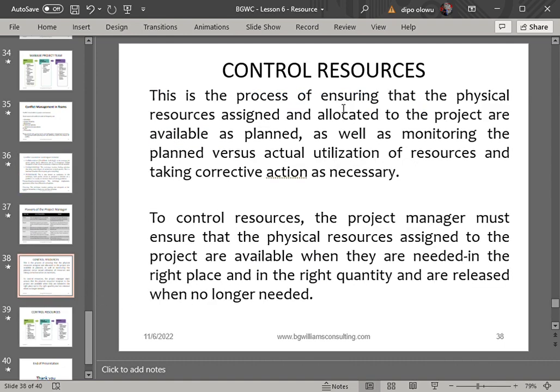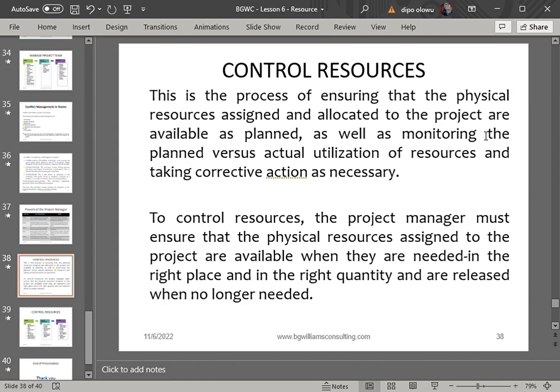Then lastly, we have control resources. What is control resources? Control resources is ensuring that both the physical resources and the human resources allocated for the project are available as planned and are being used as planned. That is control resources.